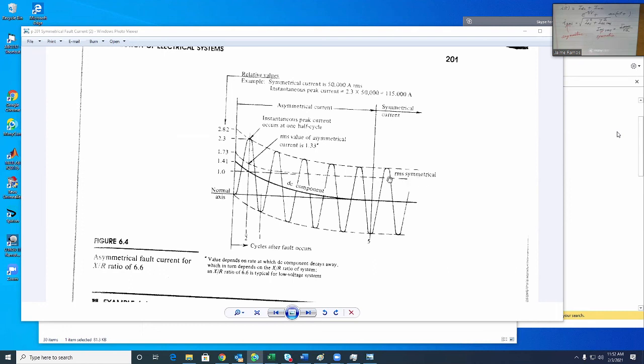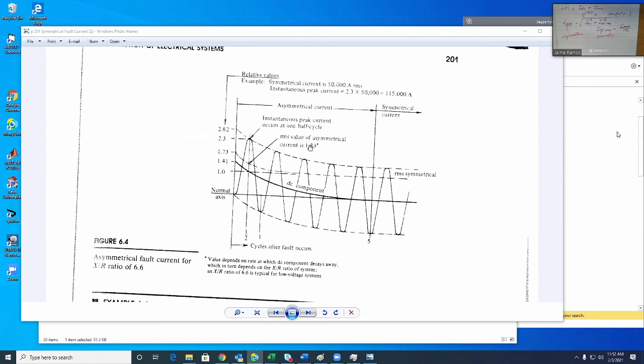However, during the short circuit, that conductor is going to be stressed up to 2.3 times the current. And you want those conductors to withstand and hold while the protecting device operates and clears the fault.